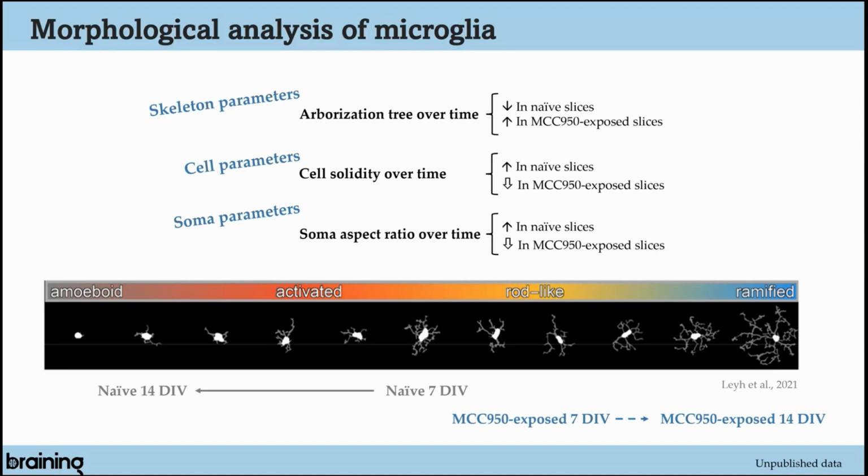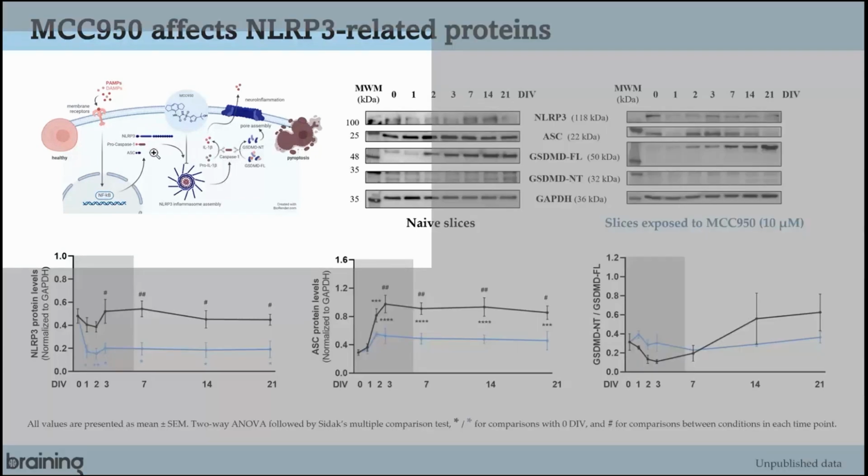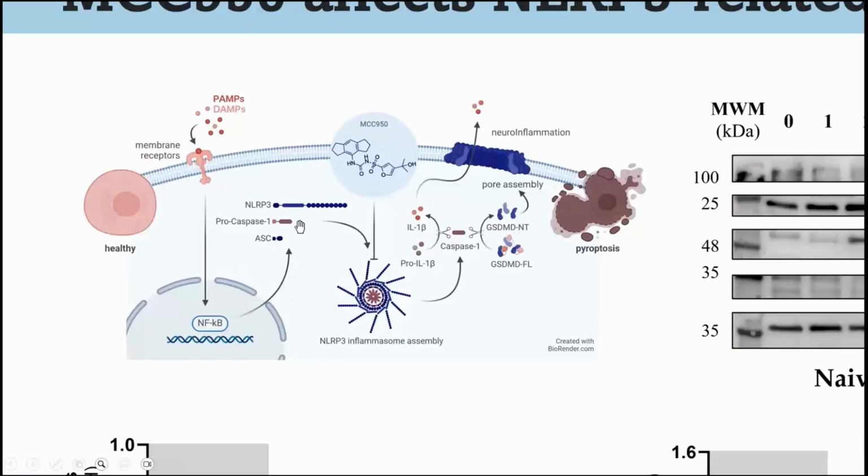And finally, we looked at the NLRP3 components, and as you can see here, we have a decrease in the levels of NLRP3 in MCC-exposed slices, and also a decrease in ASC protein. Now it's time for me to tell you a bit more about pyroptosis. Like I said, Caspase-1 basically does two things.